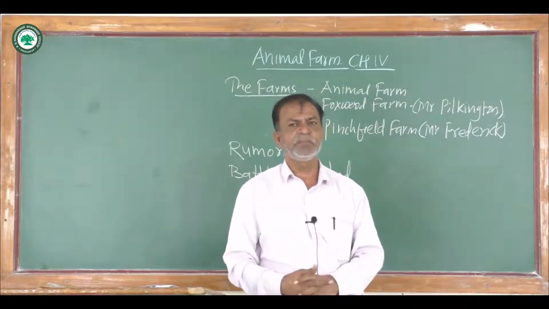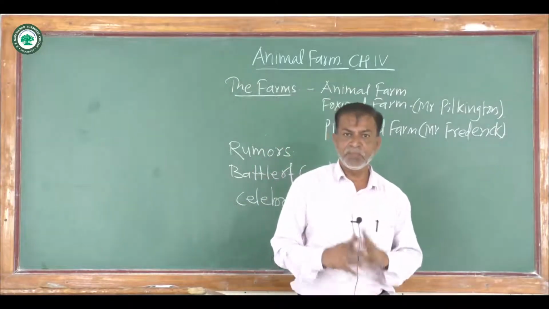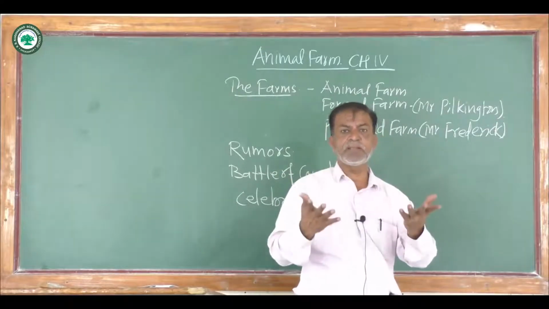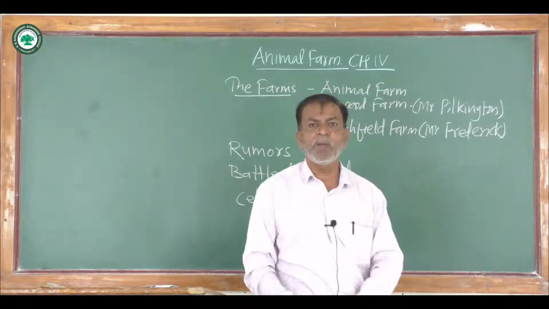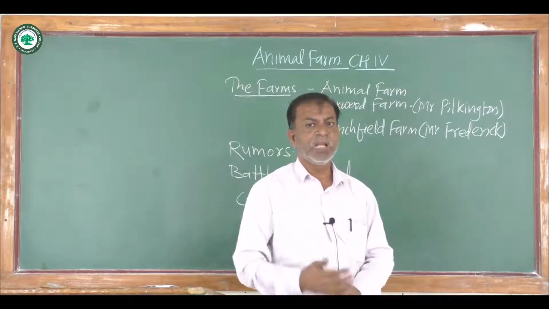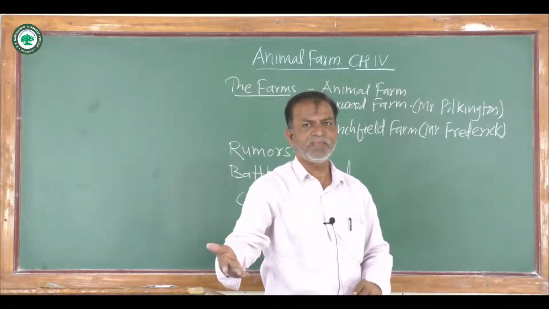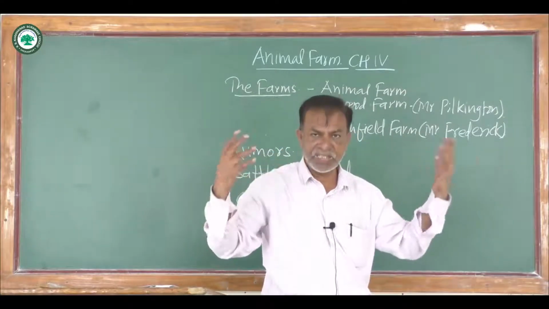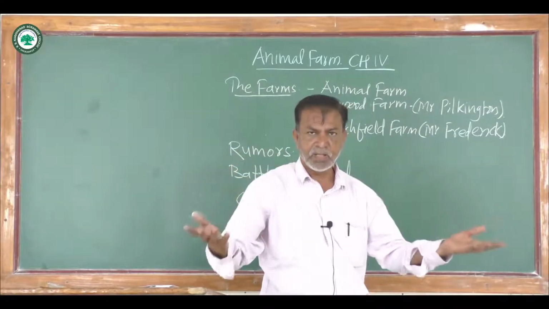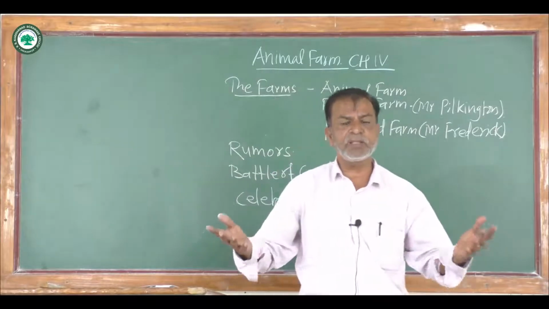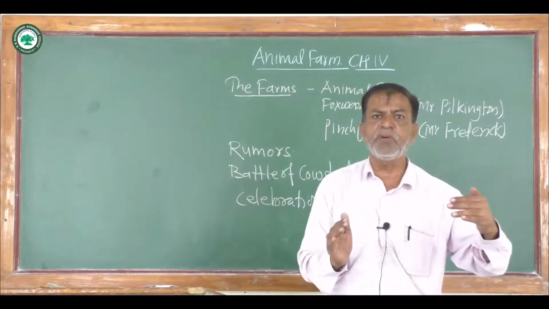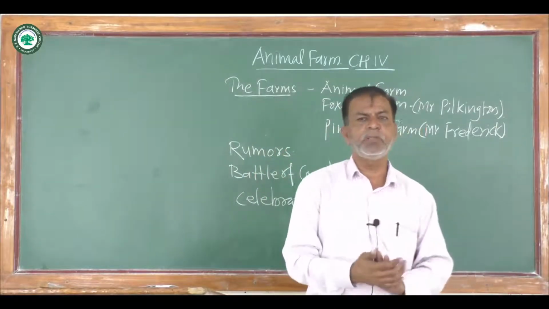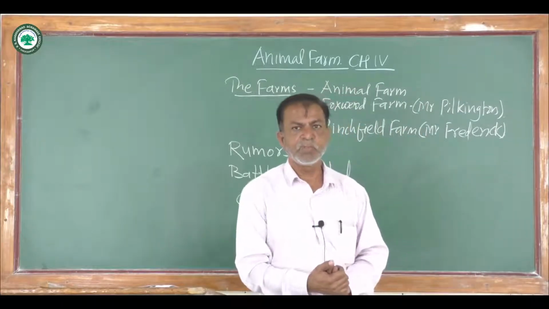In short, the pigeons explain the aim of their marching. They tell the animals that Mr. Jones with his men, with his friends, with the adjoining farmers, is coming to Animal Farm to recapture it.